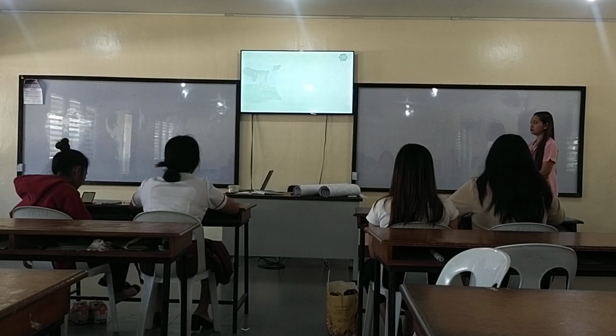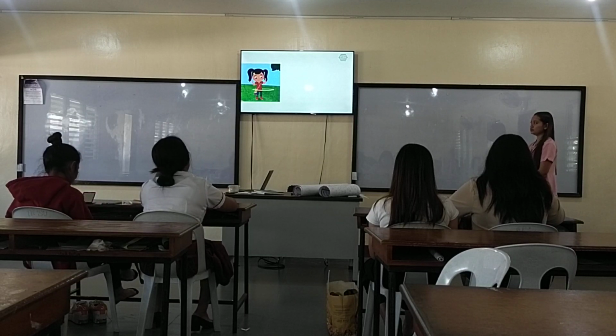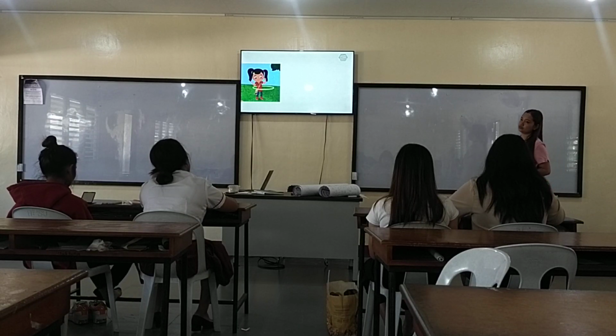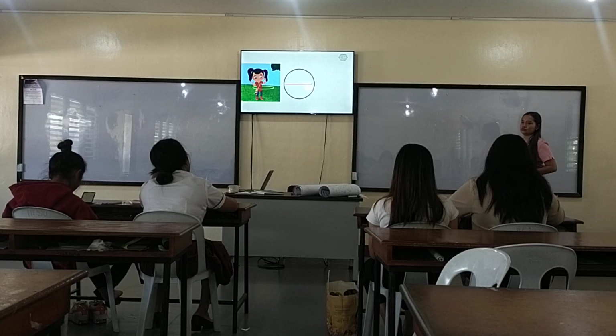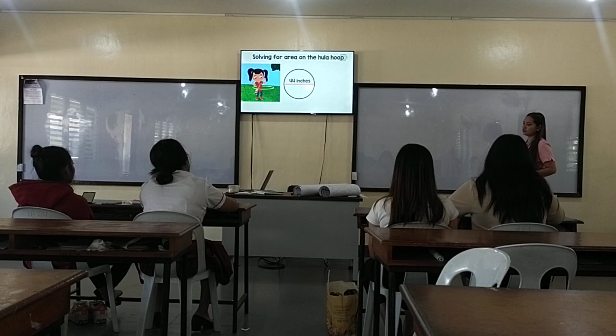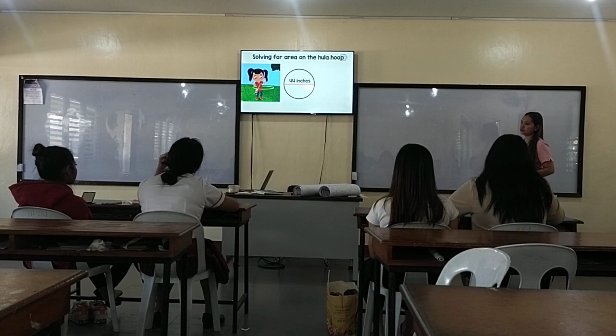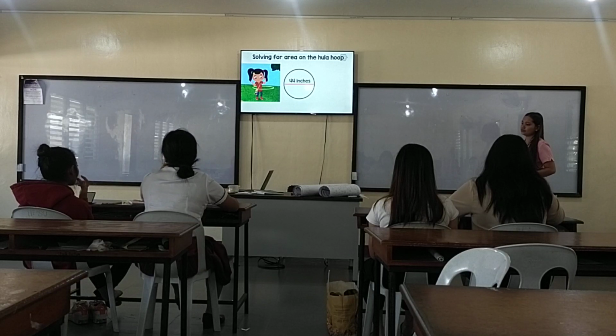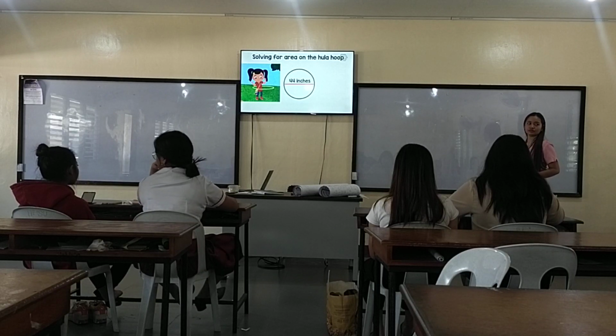Now let's have another example. A while ago, we helped Regine find the circumference of her hula hoop. Now she wanted to find also the area of the hula hoop. Again, the diameter of her hula hoop is 44 inches. Let's help Regine find the area of her hula hoop. In the problem, the diameter of 44 inches is given, but the area of the circle uses radius, so how can we solve it?